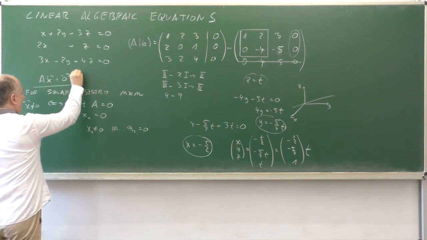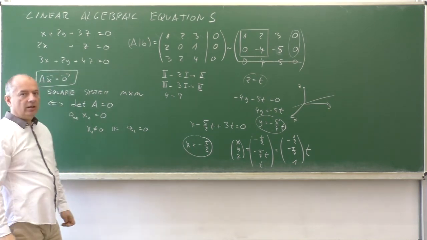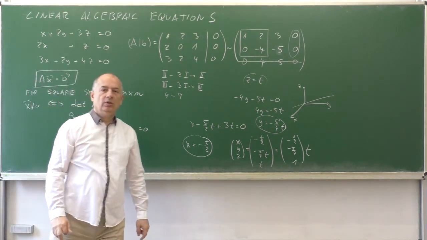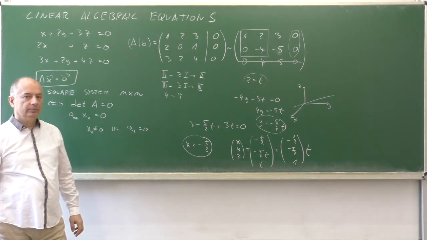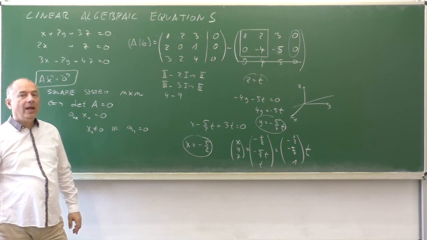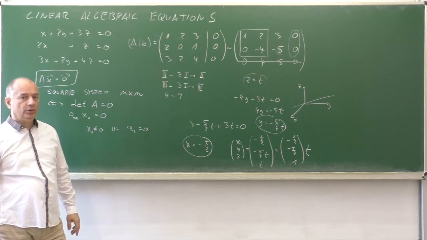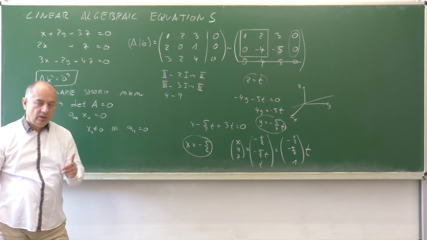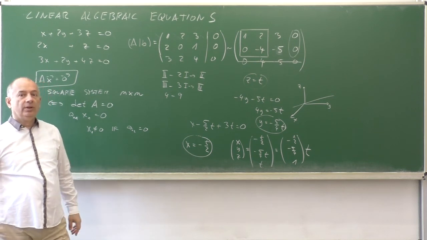Once again, a square, linear, homogeneous system of algebraic equations always has a 0 solution, and it has a non-zero solution if and only if the determinant of the system is 0.